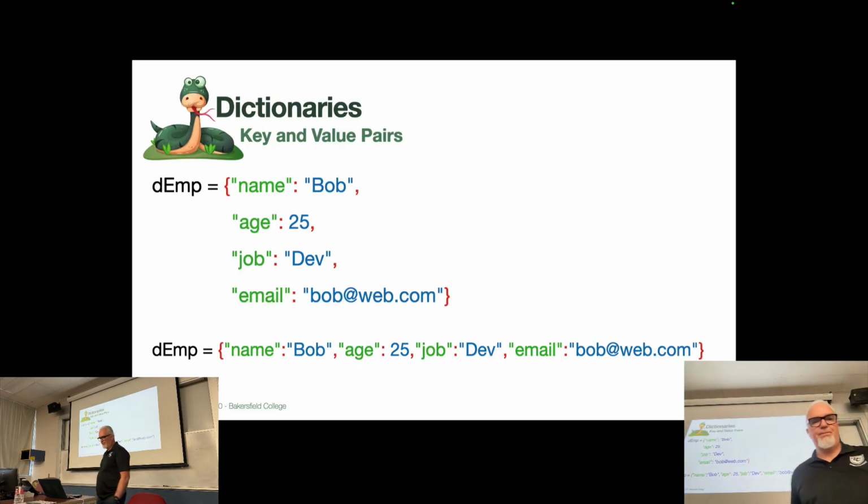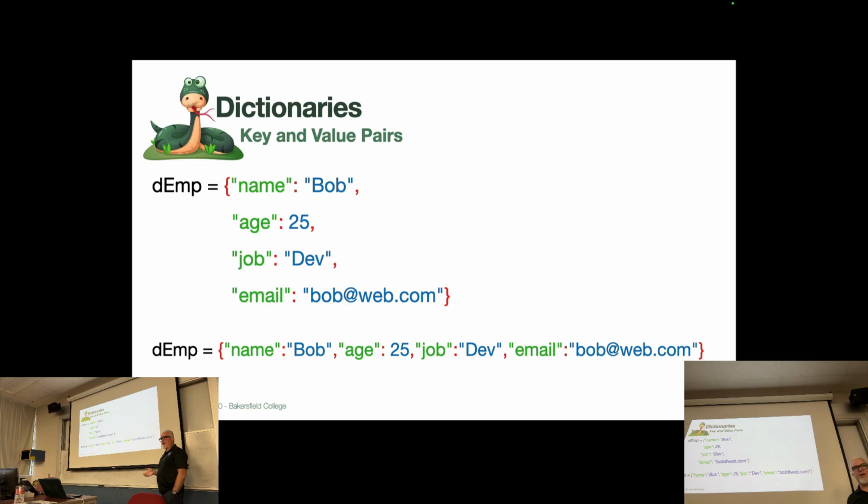So dictionaries can look like either one of these two things in your code. These are exactly the same as far as Python is concerned. They're just two different ways of typing them that are equally valid. Now, how you decide which one to use will probably depend on what's in that dictionary.